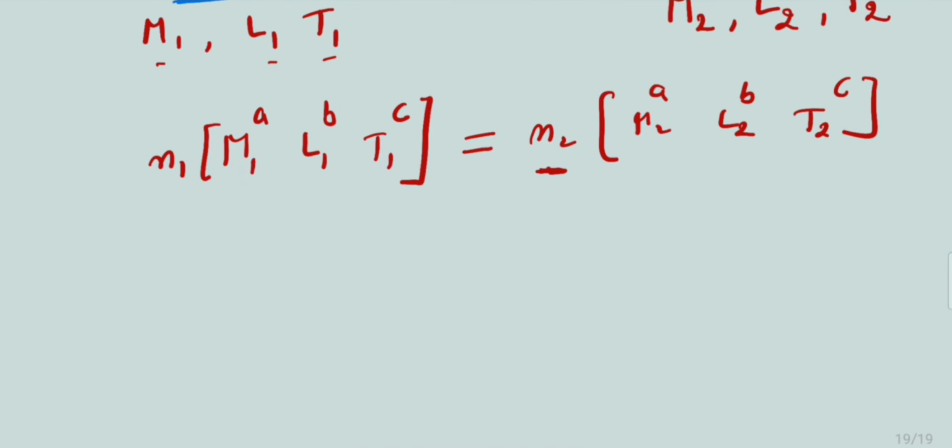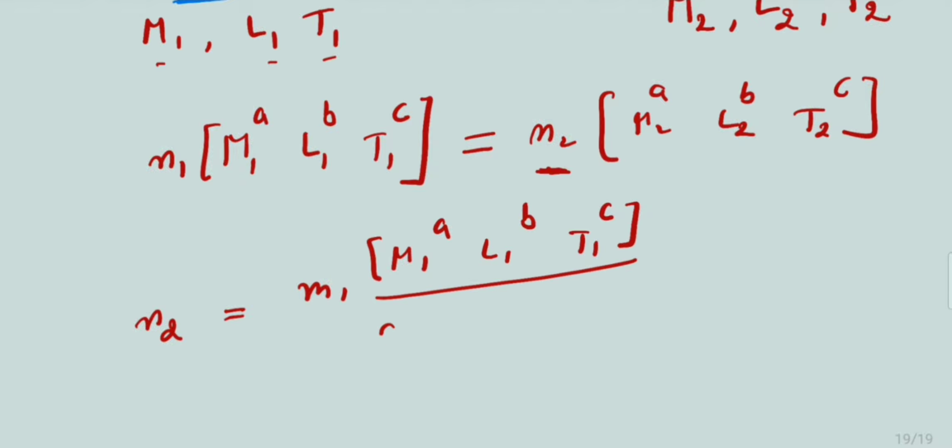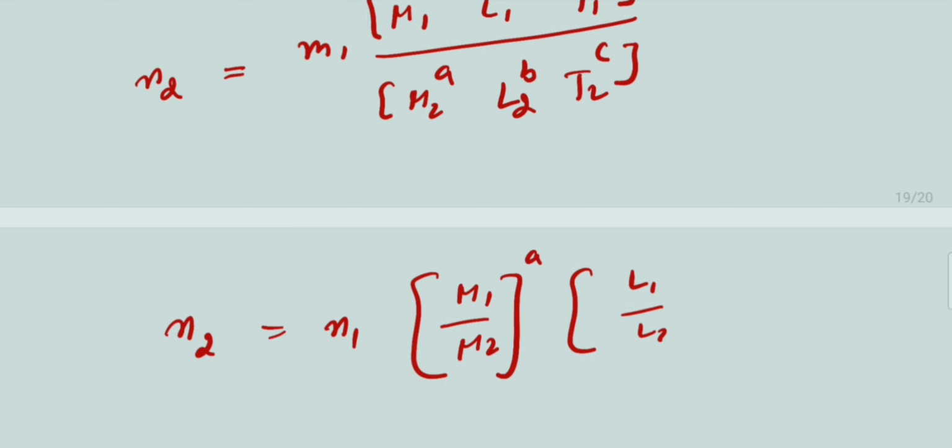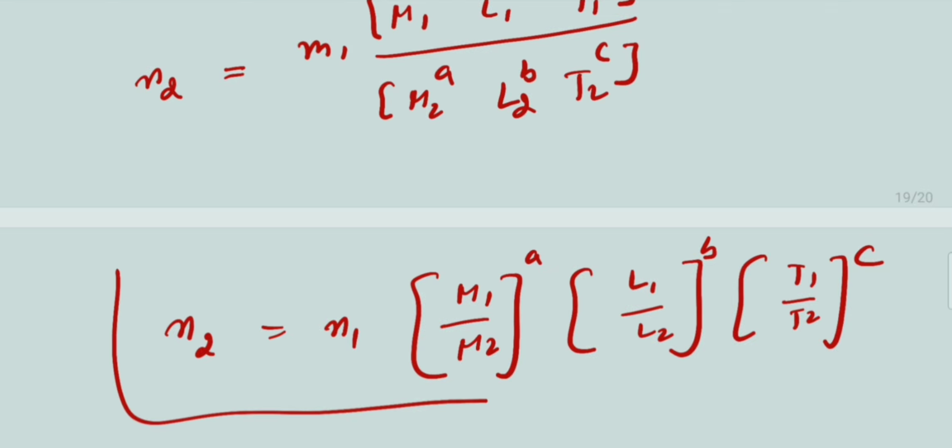So we can find this value n2 is equal to n1, M1 raised to power a, L1 raised to power b, T1 raised to power c divided by M2 raised to power a, L2 raised to power b, T2 raised to power c. So we can combine them. We can say n2 is equal to n1 times M1 divided by M2 raised to power a, L1 divided by L2 raised to power b, and T1 divided by T2 raised to power c. So like this we can convert one system of unit to another system of unit.